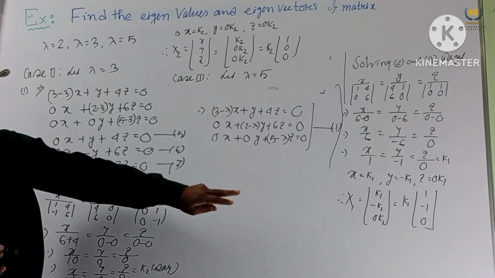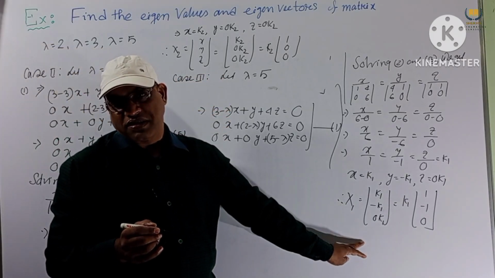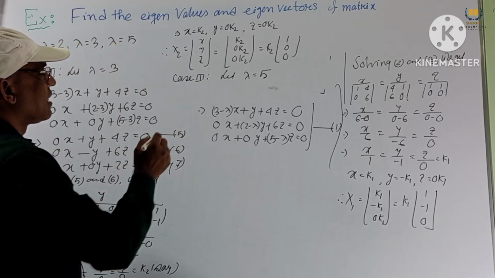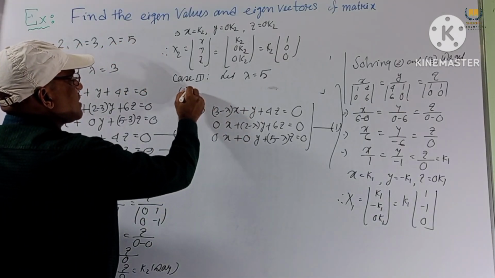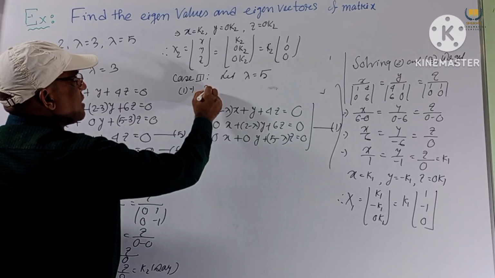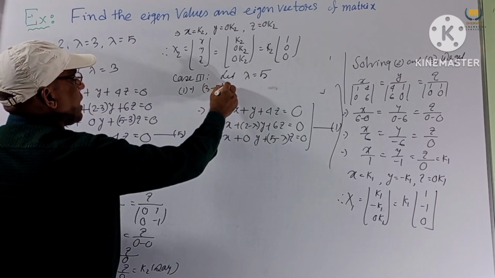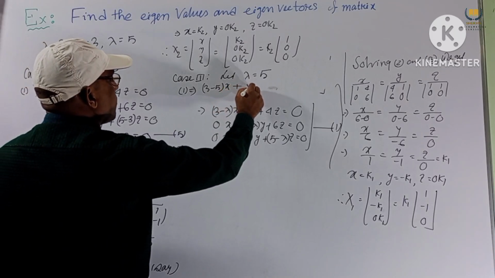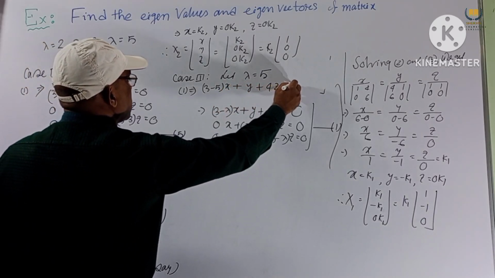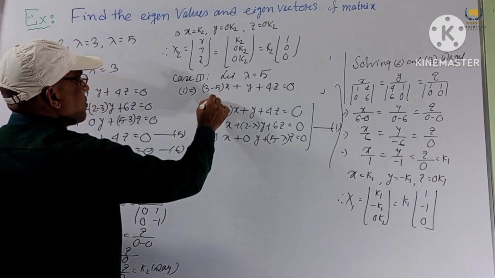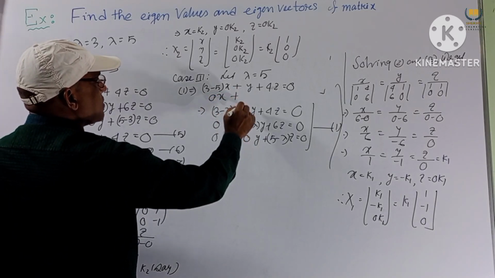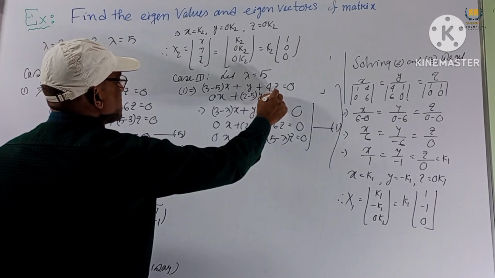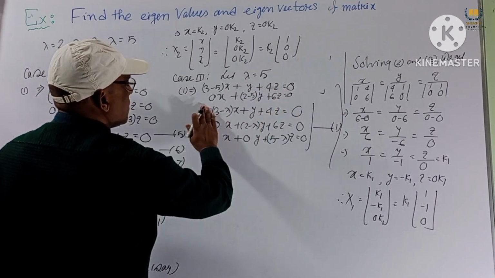First putting 2, we get this eigenvector, next putting 3 we get this, and now putting 5. So equation 1 implies (3 minus 5)x plus y plus 4z equal to 0. Next 0x plus (2 minus 5)y plus 6z equal to 0.